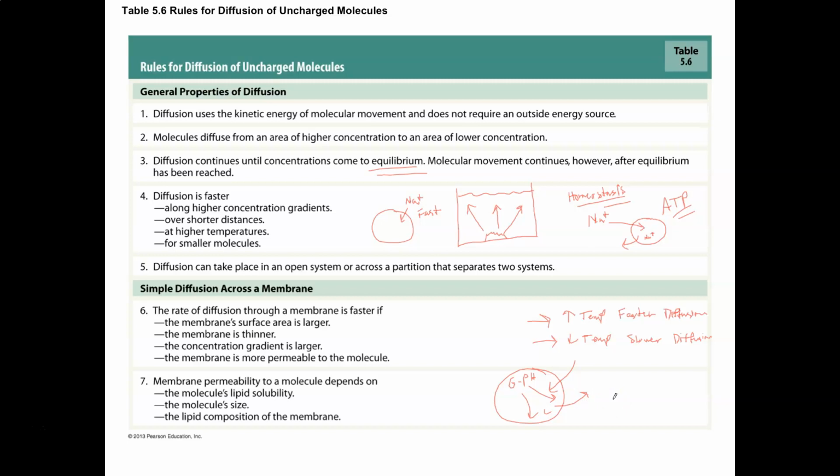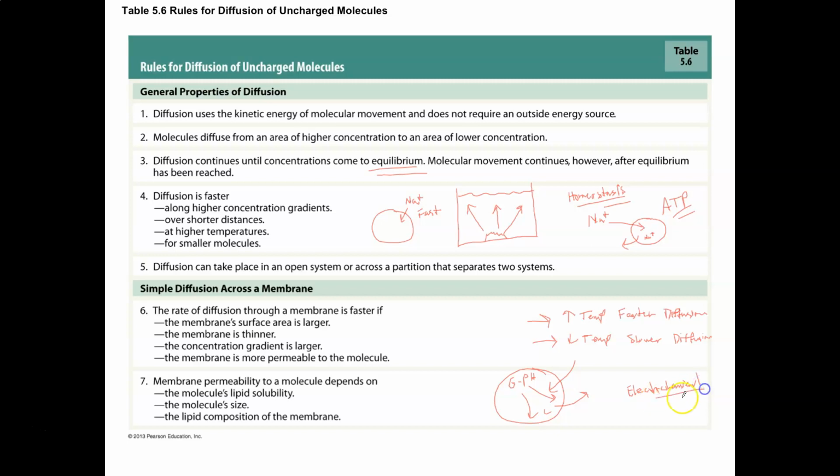Now, when you get into the movement of ions, as we look at things in the nervous system in future videos, there's also something called electrical attraction as well. And so we get into this idea of electrochemical movement. Electrochemical is a new layer to consider.